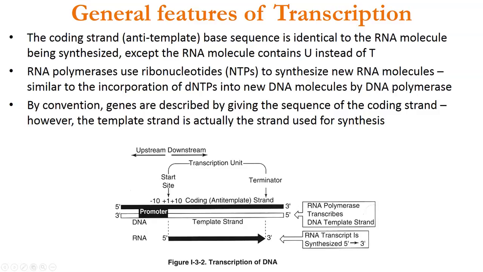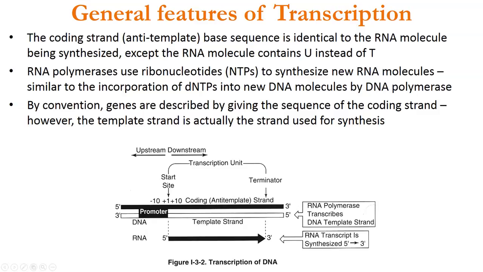The coding strand, now in this figure they also use the term anti-template. I don't like that term. It's confusing and ambiguous, and I don't see it used very often. So we're just going to say coding strand. I don't think you're ever going to see this word anti-template. If you do, now you know what it means. But the coding strand, once again, is going to be identical to the messenger RNA being produced.